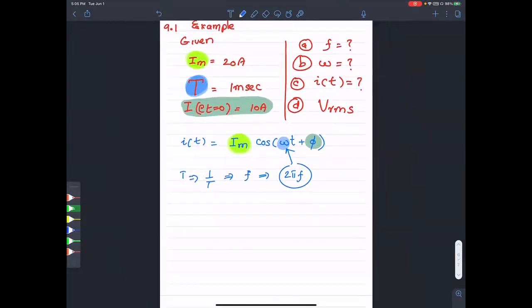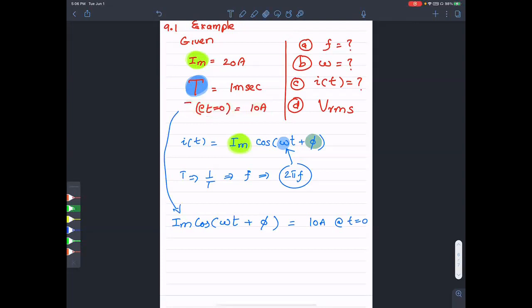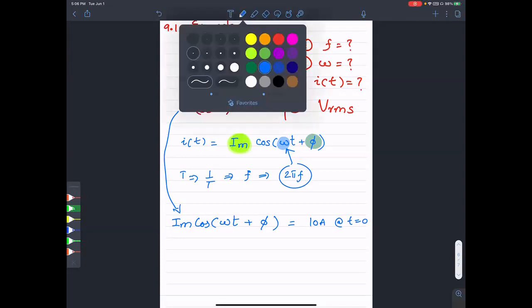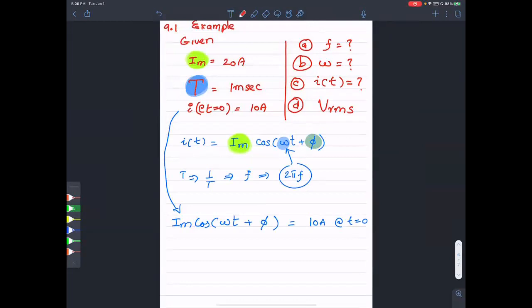The problem says Im cos of omega t plus phi is equal to 10 amperes at t equals 0. That's this information: little i at t equals 0, the value of the current at t equals 0, is given.